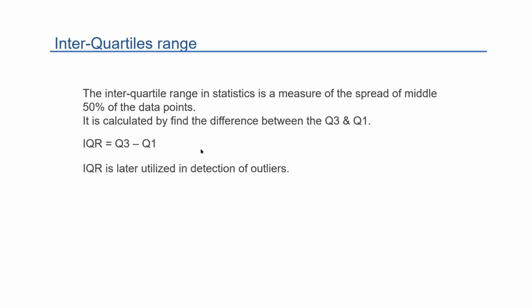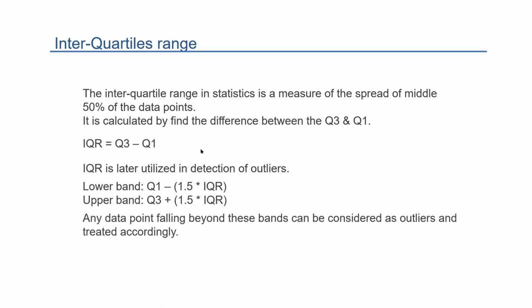IQR is also used in the detection of outliers. Lower band is represented by quartile 1 minus 1.5 into IQR, and upper band is represented by quartile 3 plus 1.5 into IQR. Any data point falling beyond these bands can be considered as outliers and can be treated accordingly.